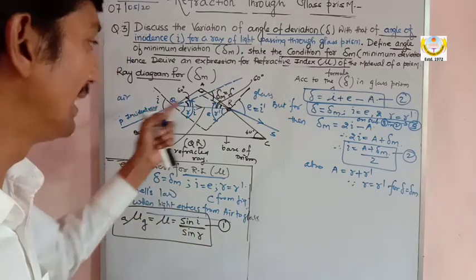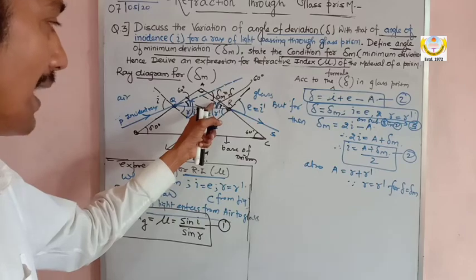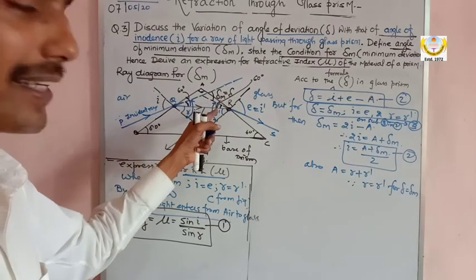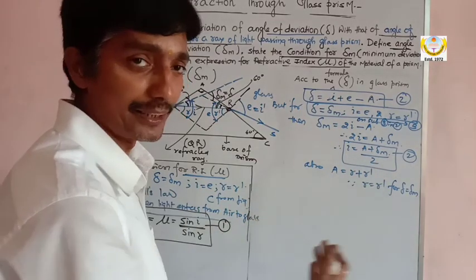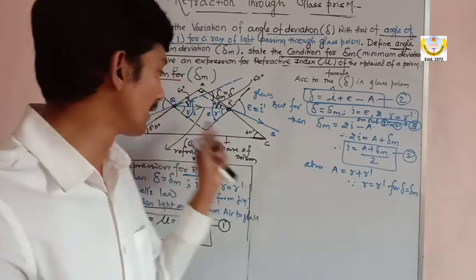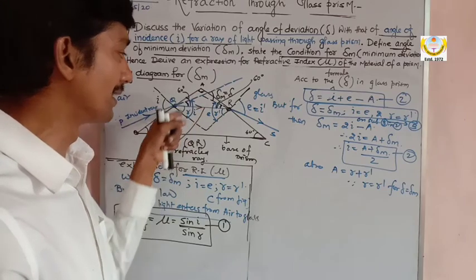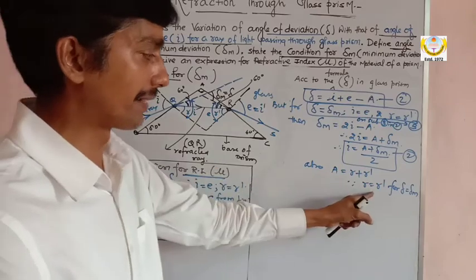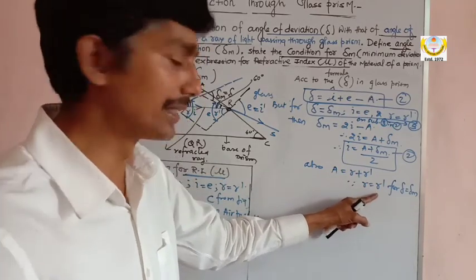Once you have written that angle of incidence and emergent are equal, it is natural that the refracted rays inside will be equal. According to symmetry, the refracted ray becomes parallel, meaning R and R dash become equal with the normal.